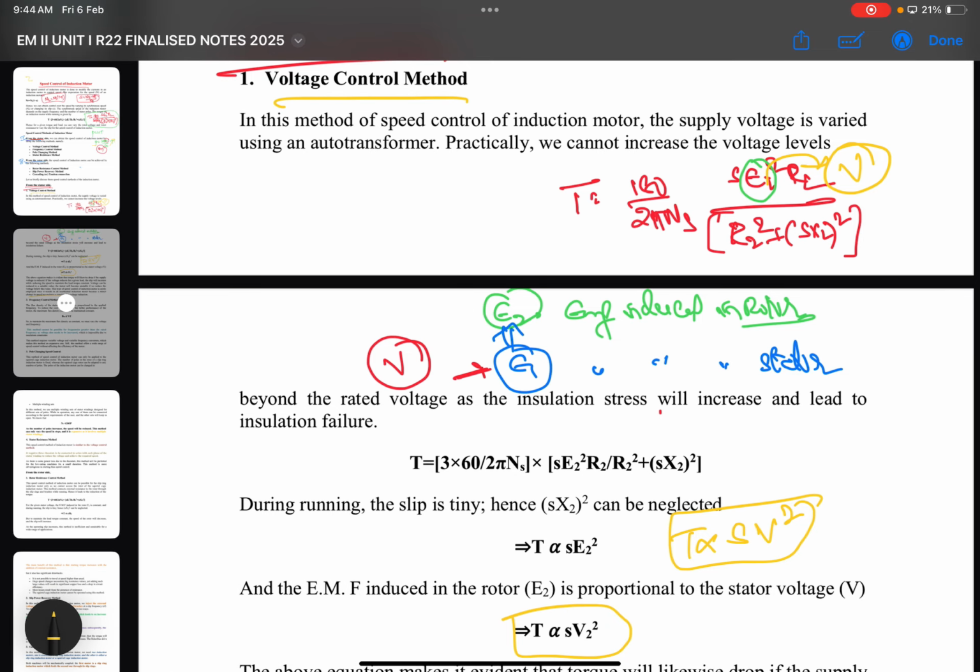I hope it's done. So try to write down simultaneously. This is the voltage control method here.